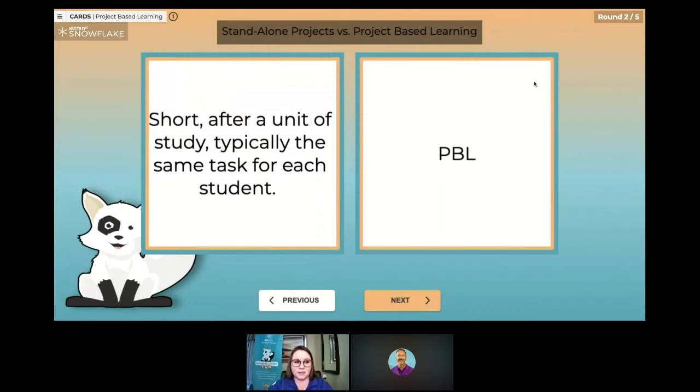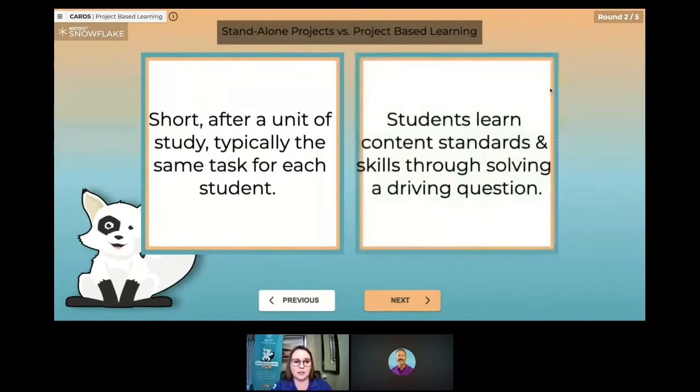With project-based learning, students are learning the content standards and the skills through solving a driving question. These questions are usually open-ended and are based on finding a solution to a problem. So they're very inquiry-driven. They're not based on having previous content knowledge. Instead, students learn that knowledge along the way.